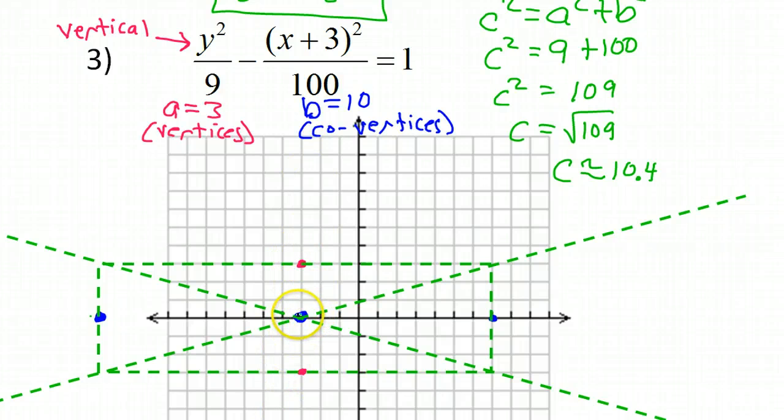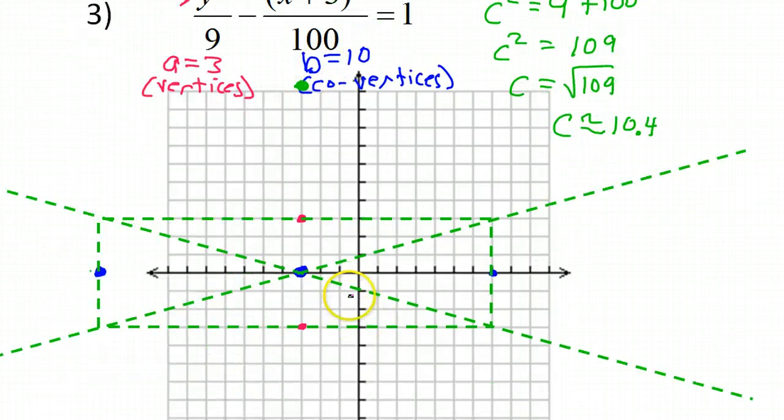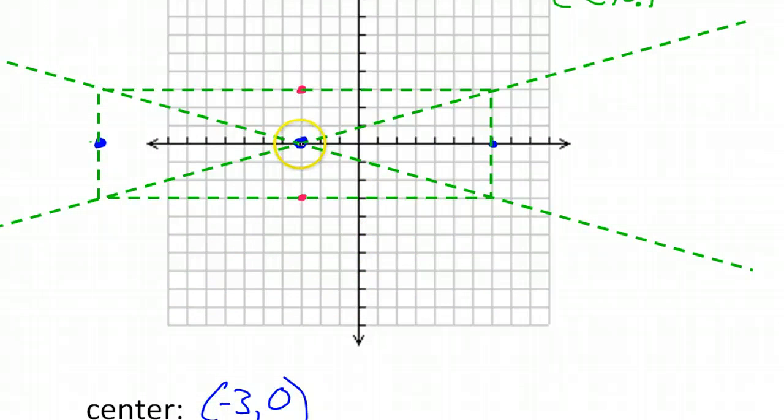So when I go 10.4, I'm counting from the center. You don't count from the vertex, you count from the center. So here's 10 right here, so 10.4 would just be a little bit above that. So there's a focus. And same thing if from the center I go down, here's 10, so 10.4 would just be a little bit below that.